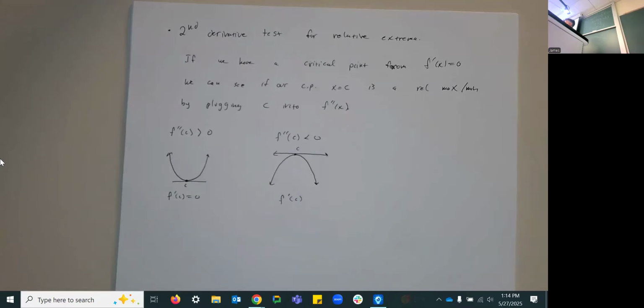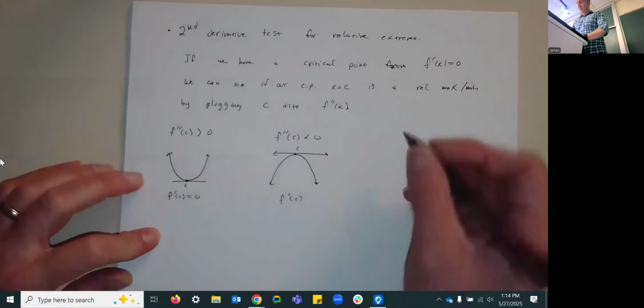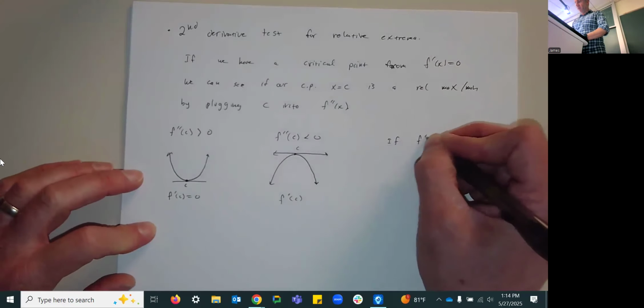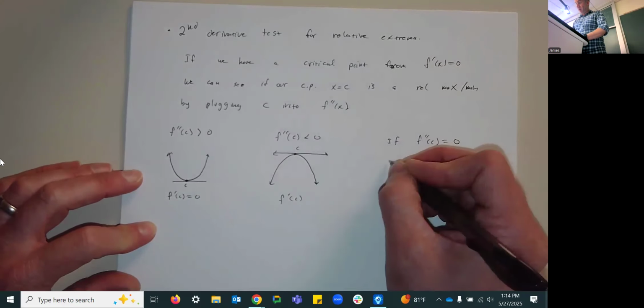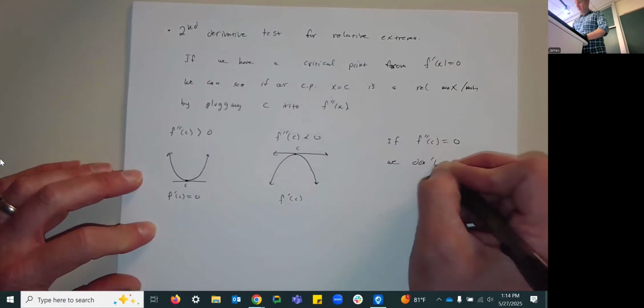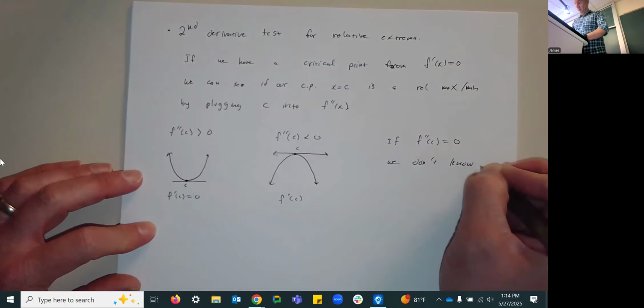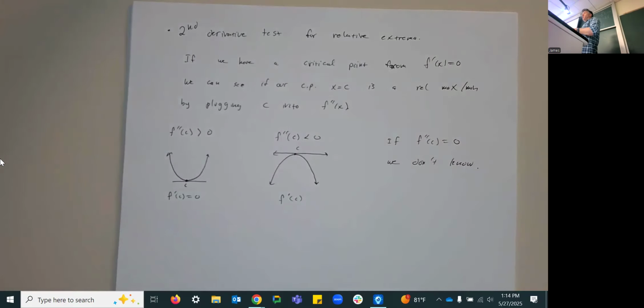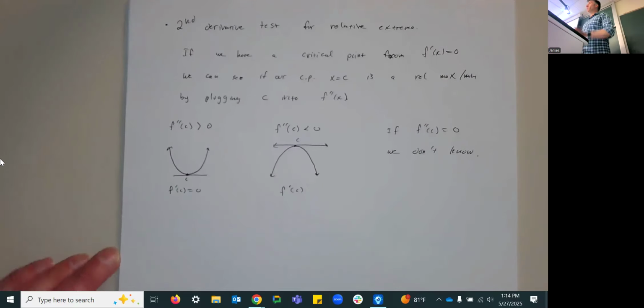And this idea comes back roaring at you. But then the bummer is if your second derivative is equal to 0, we don't know. It could be literally anything. It could be a relative max or a relative min or an inflection point, or maybe even none of the above. So in that previous example, let me just point out how this would have worked.